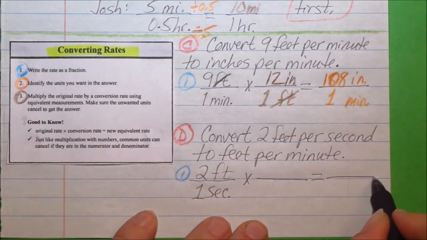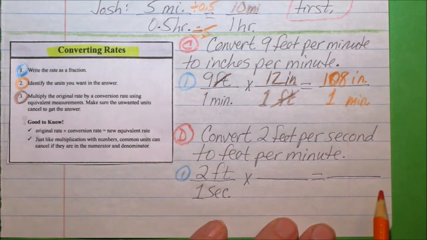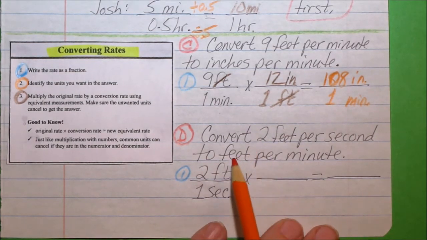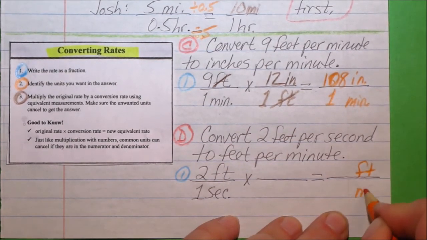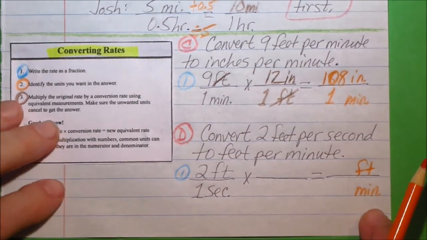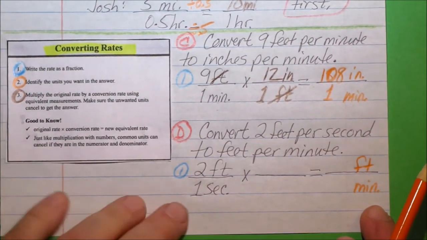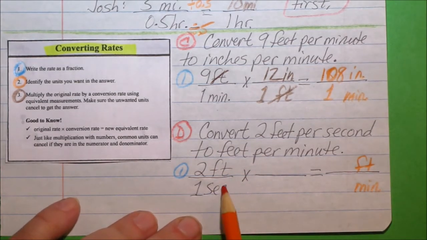We don't know what that is yet. That's fine. But what we want to identify right away is what are the units we want in our final answer. Feet per minute. So feet per minute. So now that we know what we want in our final answer, we can figure out, well, what are the units we need to get rid of? Okay? I want feet in my final answer. So it's seconds I've got to get rid of, right?